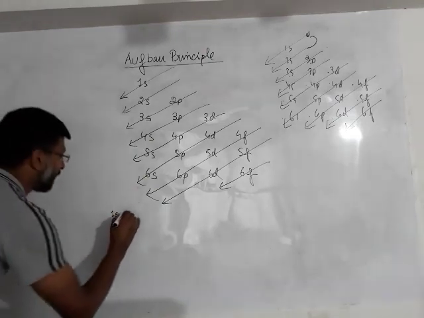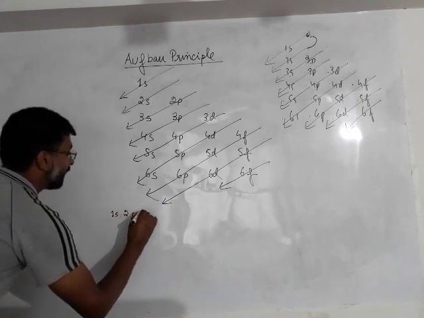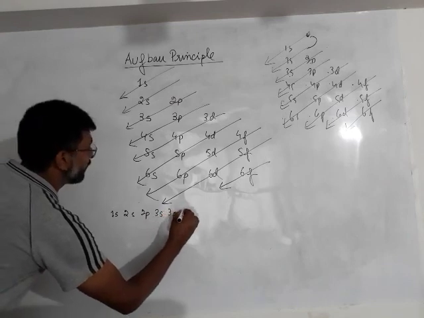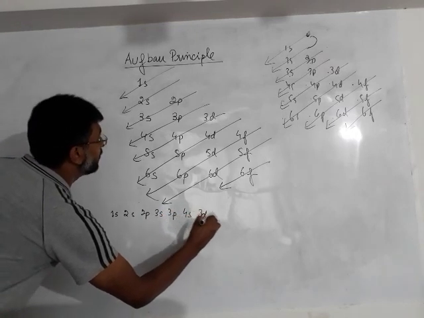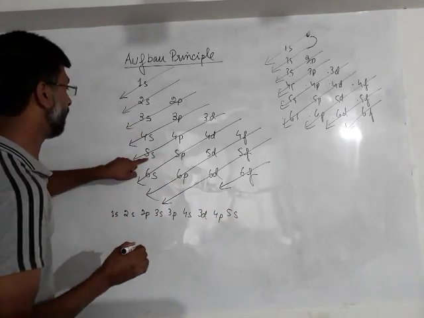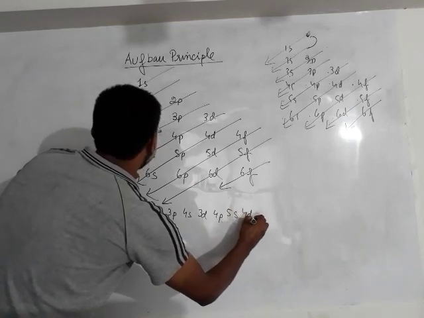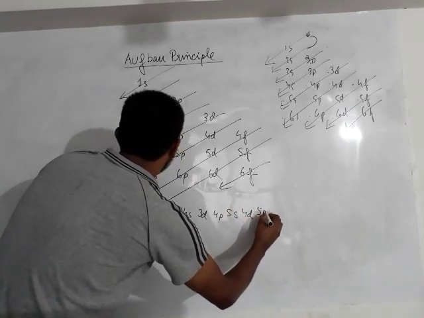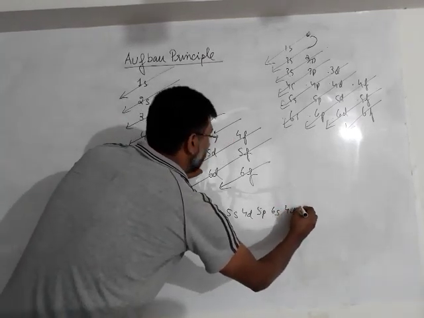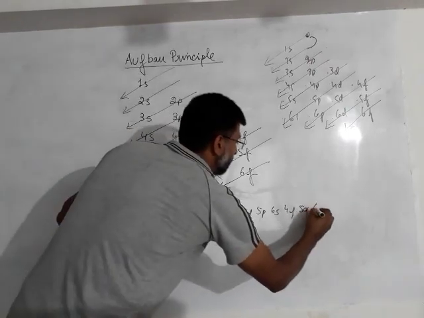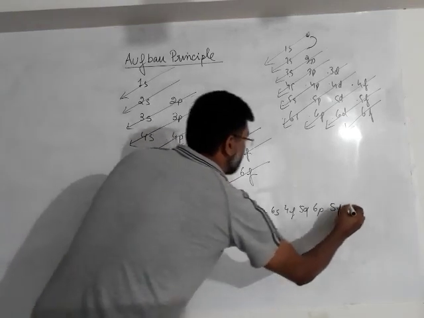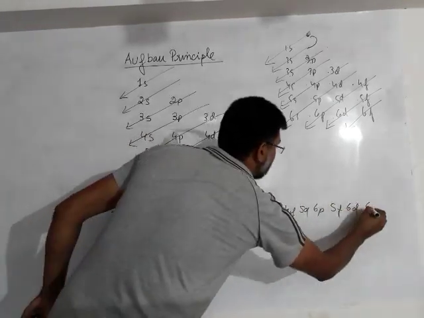After 1s, I write 2s, then there is 2p, then 3s, then 3p, then 4s, then 3d, then 4p, then 5s, then I go to 4d, then 5p, then 6s, then there is 4f, 5d, then 6p, then 5f, then there is 6d, and then finally we have 6f.